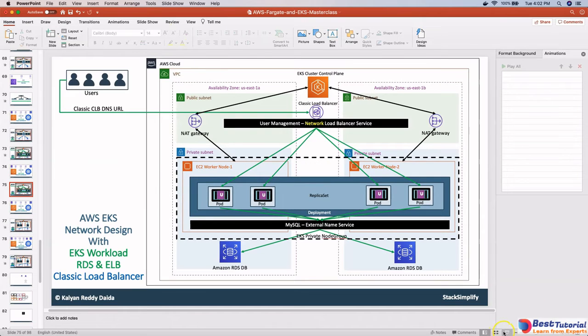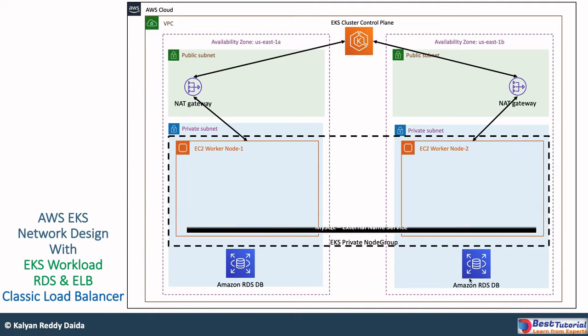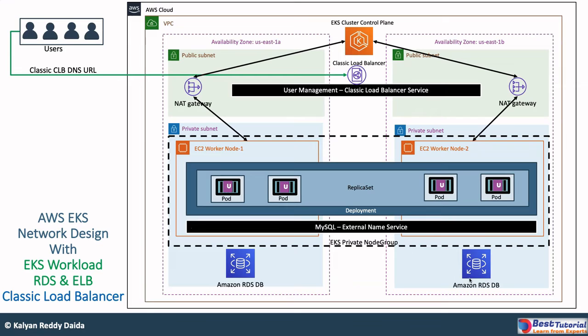One thing we need to understand here: these worker nodes have the kubelet, which will be communicating to the cluster control plane, which is nothing but eks-demo-1, right?